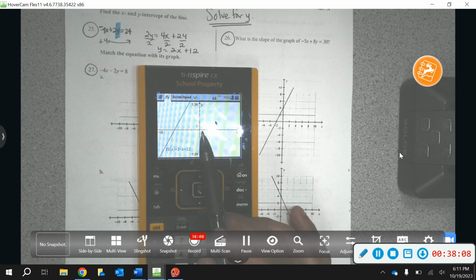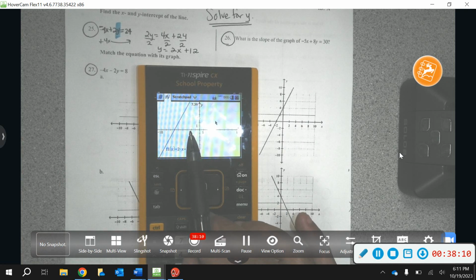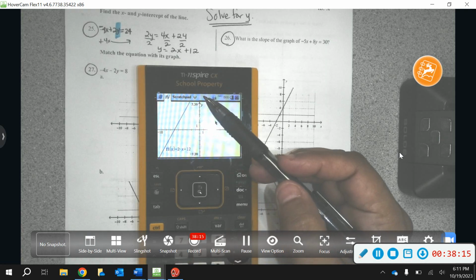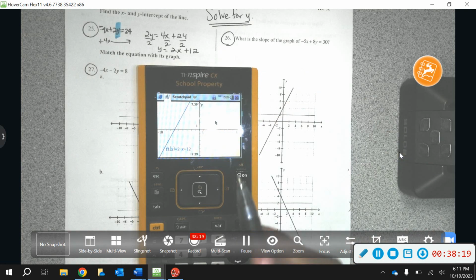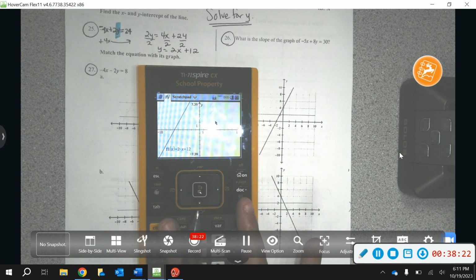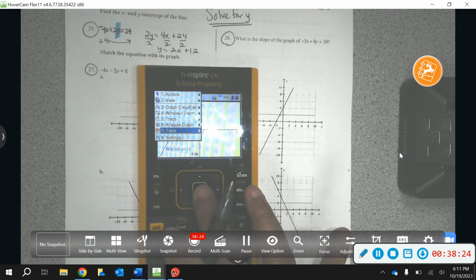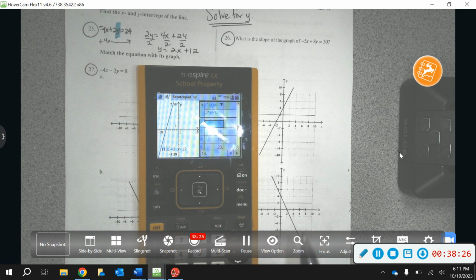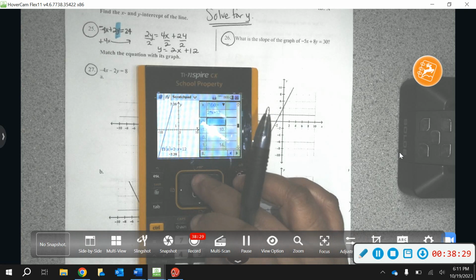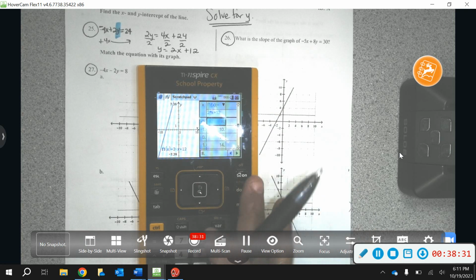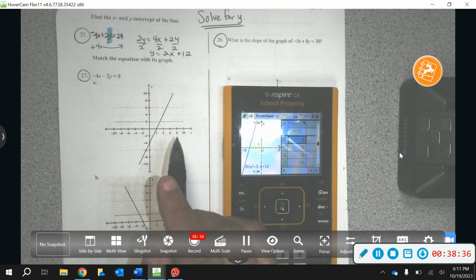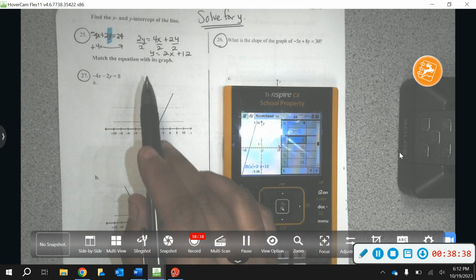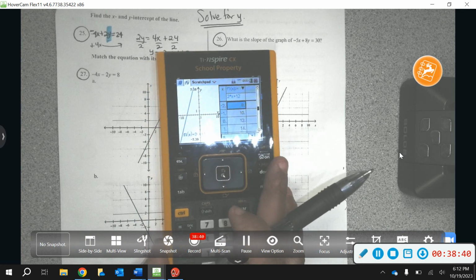I can already tell that my x-intercept is negative 6, and my y-intercept is all the way up here somewhere. So let me go to menu and table, split screen. At 0, 12, I'm on the y-axis, so 0, 12 is my y-intercept.